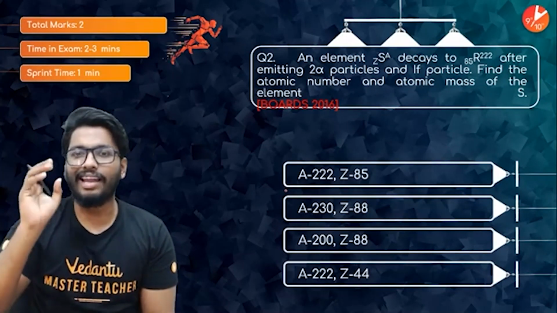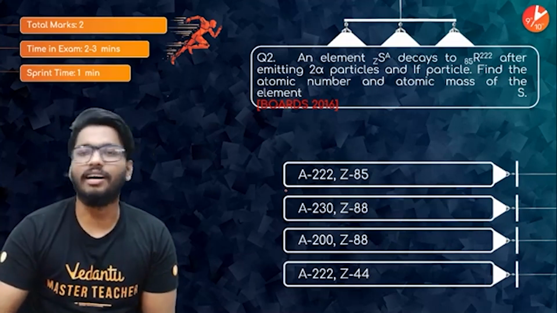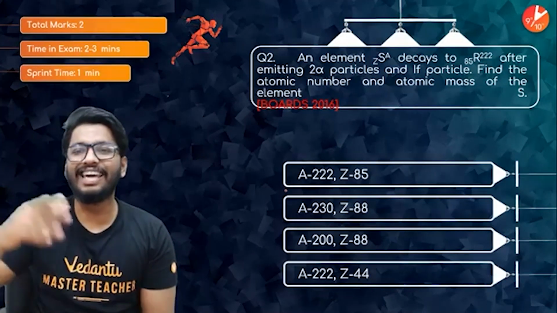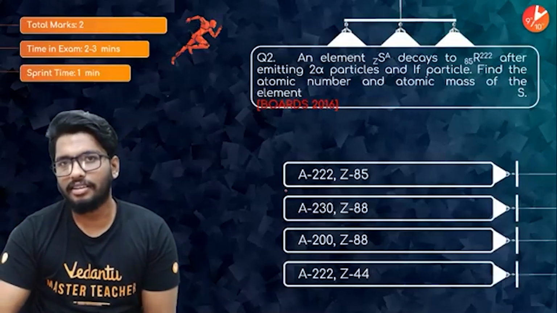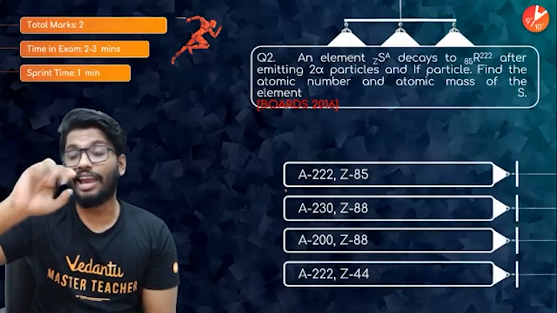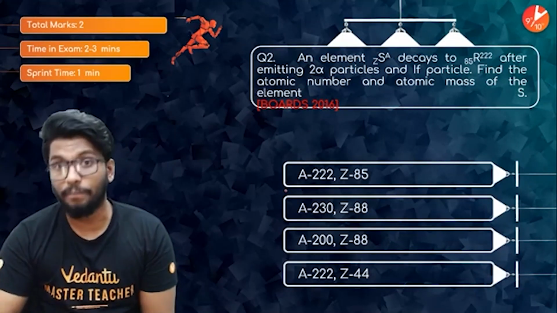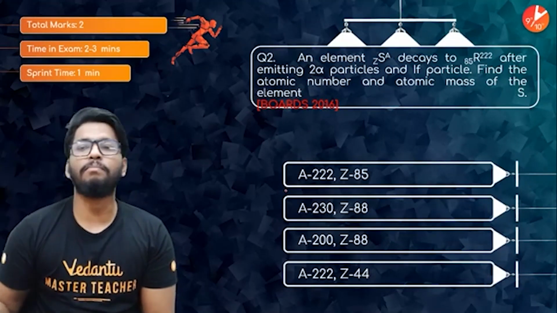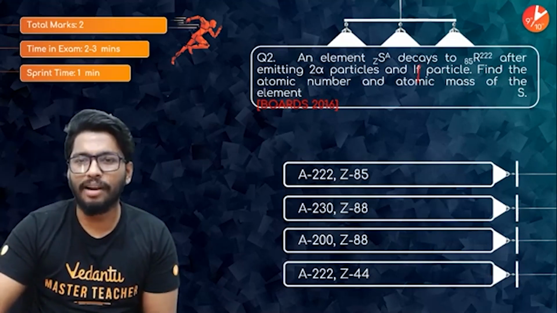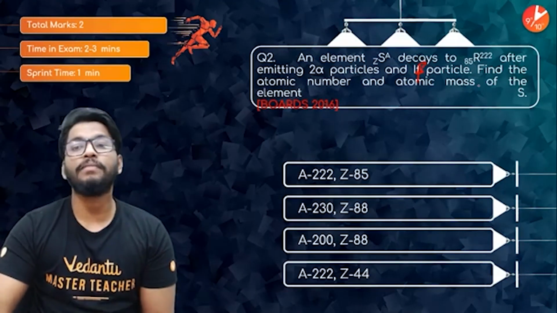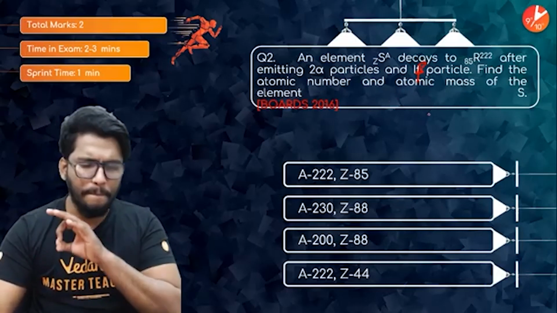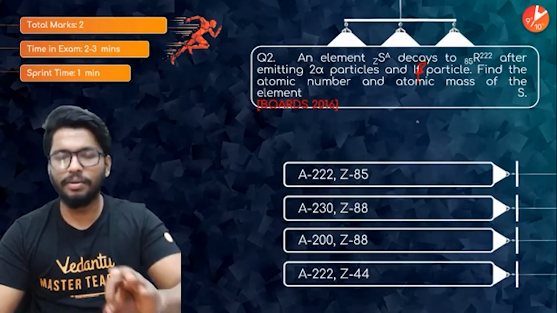The question is: an element S, where Z is the atomic number and A is the mass number, decays to R, whose atomic number is 85 and mass number is 222, after emitting 2 alpha particles and 1 beta particle. Find the atomic number and atomic mass of the element. It's an amazing question. Trust me, you'd love this question.